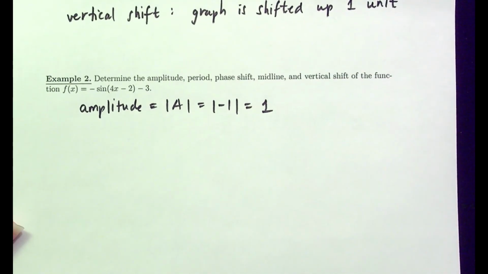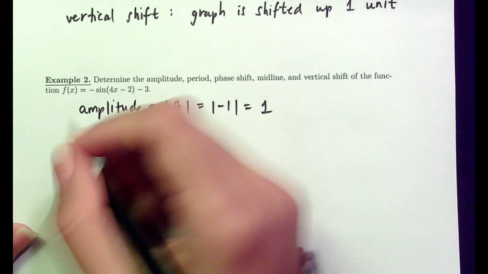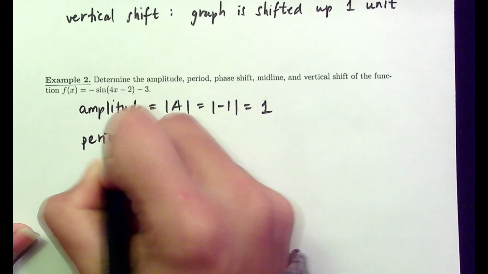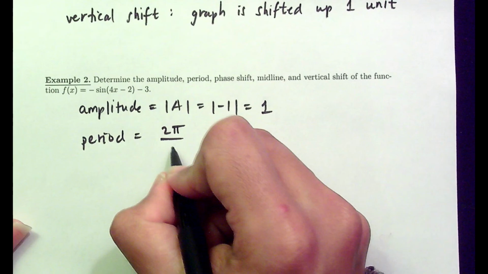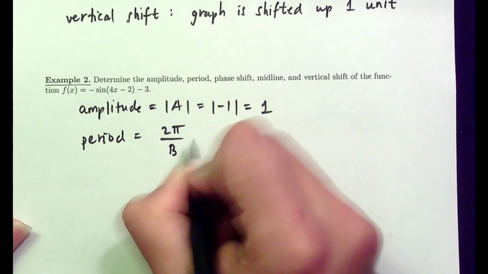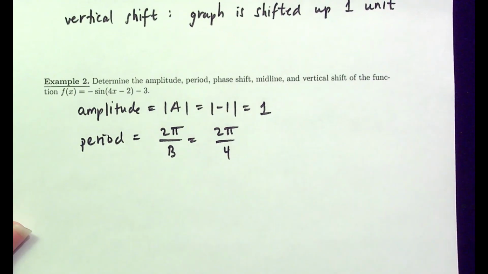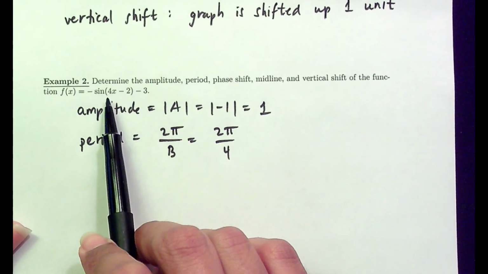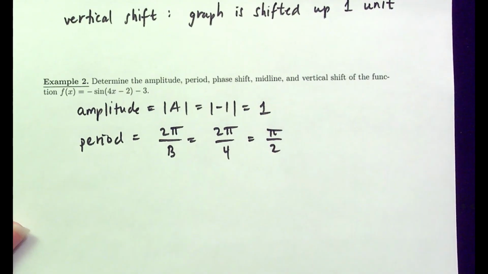That means the height of that wave from the midline is 1. All right, next thing, period. The formula is 2 pi over b. So we get 2 pi over 4, because b is the coefficient of the x, so that's 4. And then simplifying, this is pi over 2.